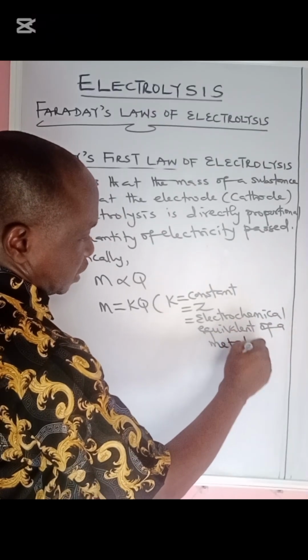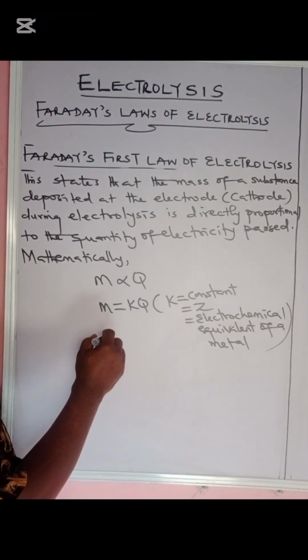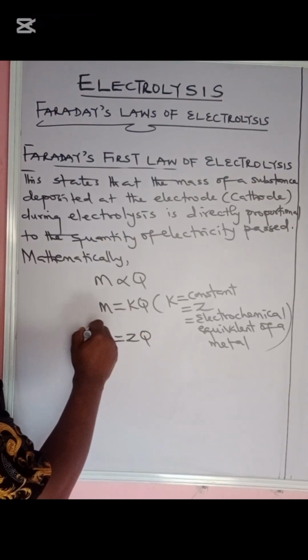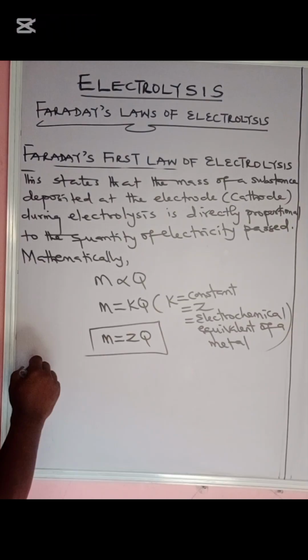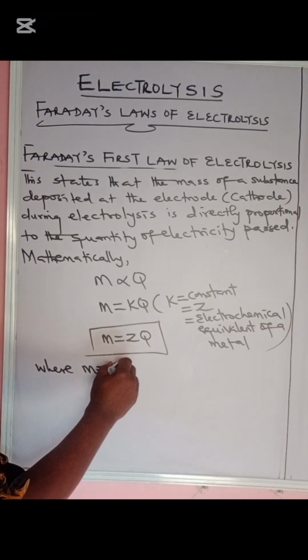It varies from metal to metal. So from here we say m is equal to ZQ. This illustrates Faraday's law of electrolysis, where Z is equal to the electrochemical equivalent. That's the law.